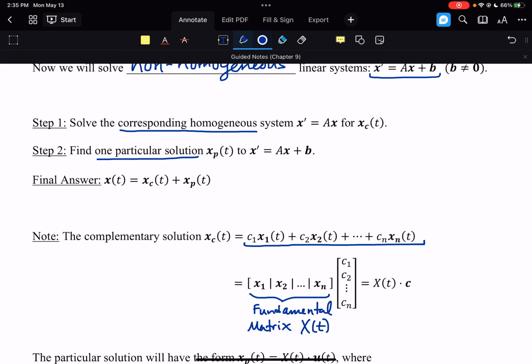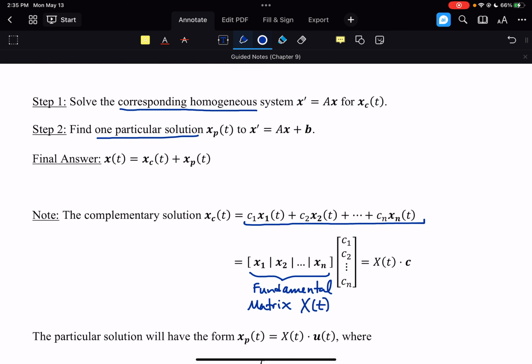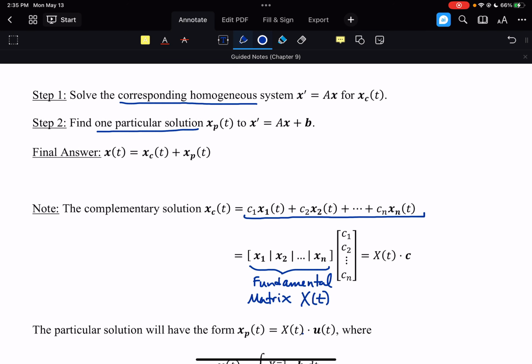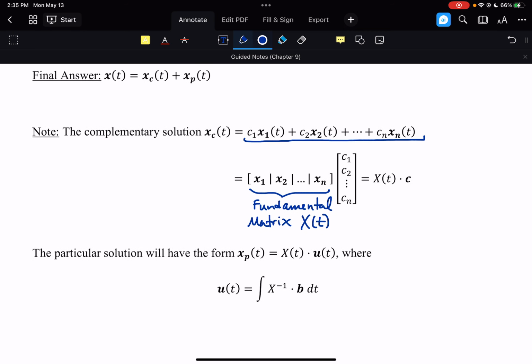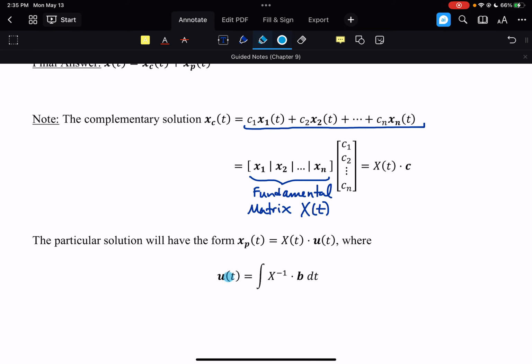So notationally, the complementary solution is X of t times c, where c is that vector with all of those coefficients in it. Our particular solution is going to have the form X of t times u of t, where u of t is equal to the integral of X inverse times b dt.